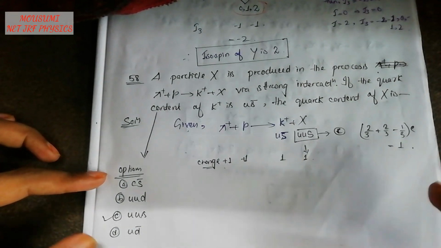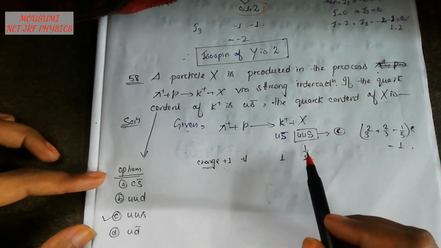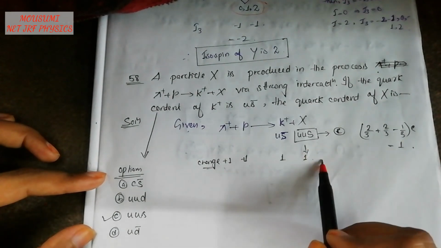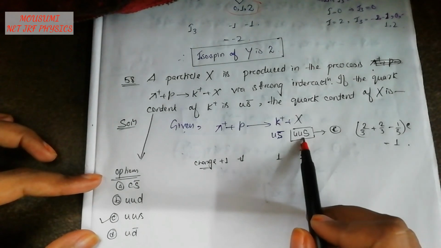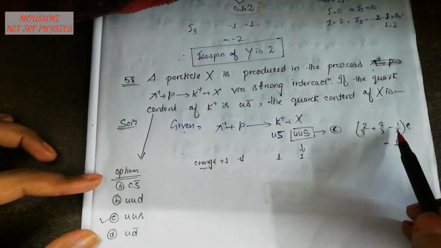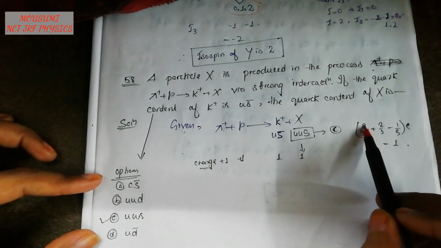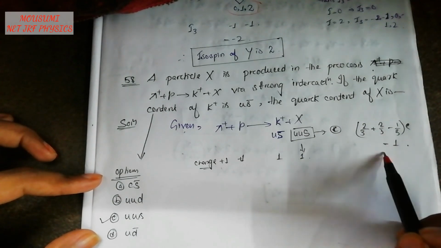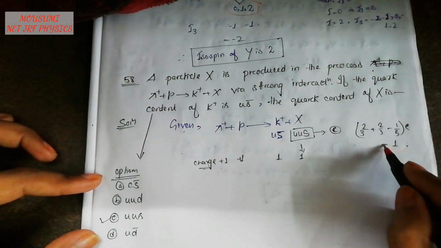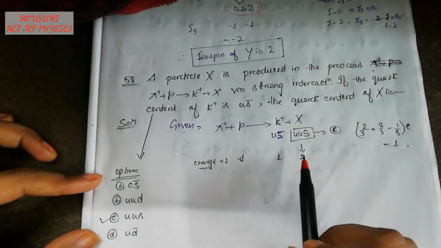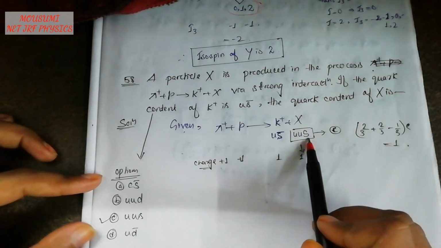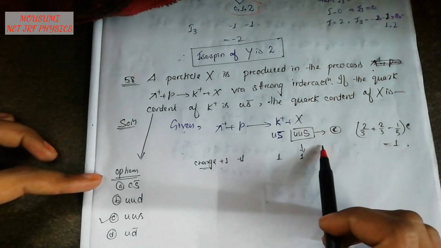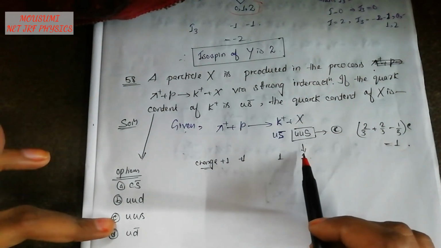Now in case of charge also, the charge must be 1 for conservation. The s quark has charge -1 by 3, and 2 up quarks will have 2 by 3 and 2 by 3. So as a whole you will get the charge to be 1. So using the charge also you can see, or if there is an s bar here, there must be an s to balance. So the correct option is option C.